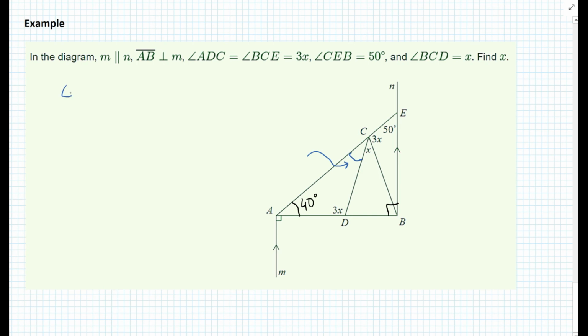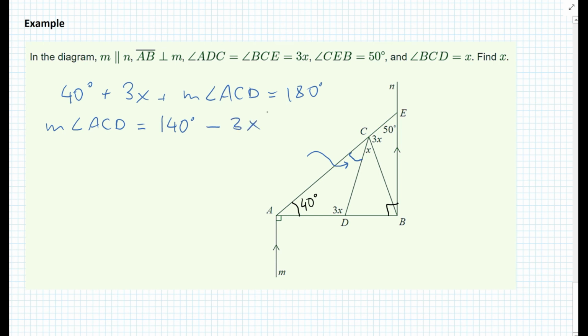So we know that 40 degrees plus 3x plus, call it measure of angle ACD, everything sums to 180 because of the triangle theorem that we developed. So that means that the measure of angle ACD has to be equal to, if we apply the subtraction postulate, 140 degrees minus 3x, okay?